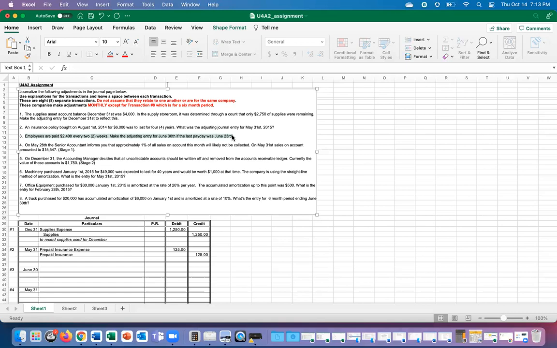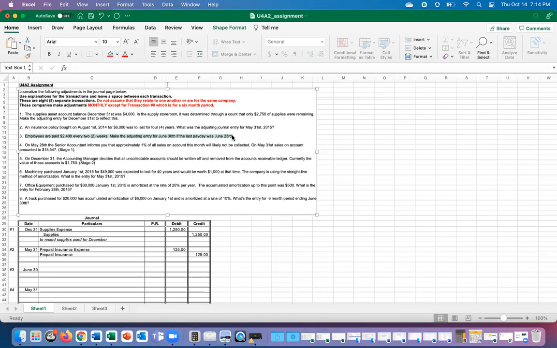All right, so the first thing that we want to do for this one and ones like this is we want to determine how much the employees are owed since the last payday. So in this case, like I said, July 23rd to July 30th is 1 week. And if they're paid $2,400 every 2 weeks, then all we have to do to determine the amount that they haven't been paid for the 1 week is divide that $2,400 by 2, and then we'll figure out how much they make in 1 week.